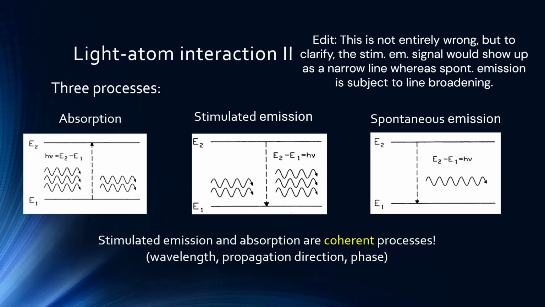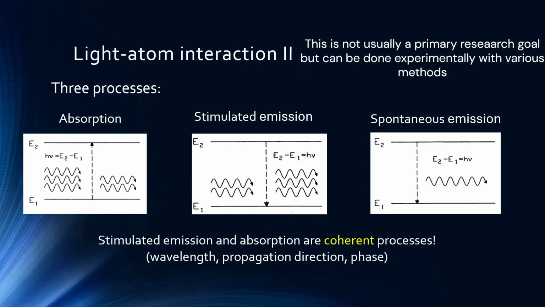I'm not sure if people actually go in the lab and say, we're going to find out today whether our atoms are doing stimulated or spontaneous emission. Both happen, and you can't really avoid that. The light is just going to come out of the system like it is.